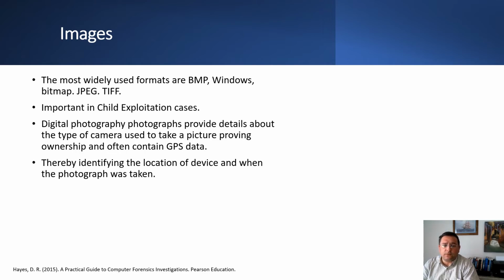Digital photographs provide detail about the type of camera used to take a picture, proving ownership, and often contain GPS data, which is very valuable information, because you can find the location where the evidence was produced and when the photograph was taken. This is important evidence to find, for instance, offenders from a criminal justice perspective.